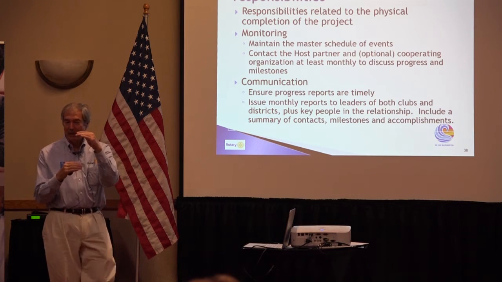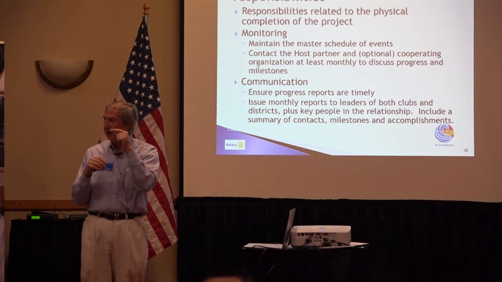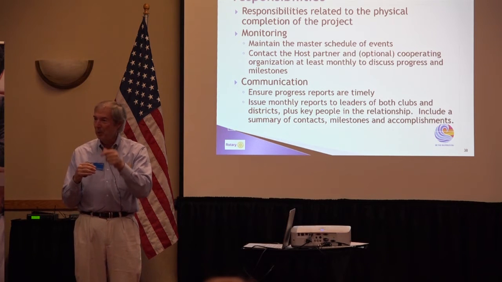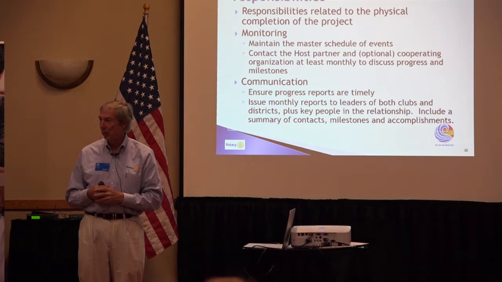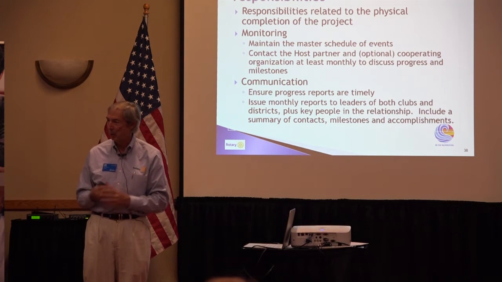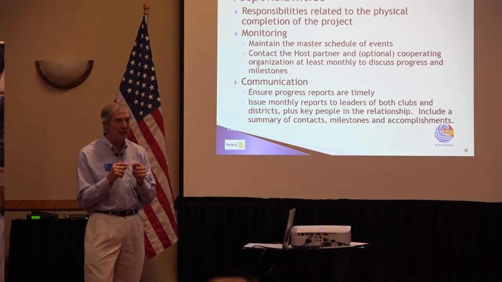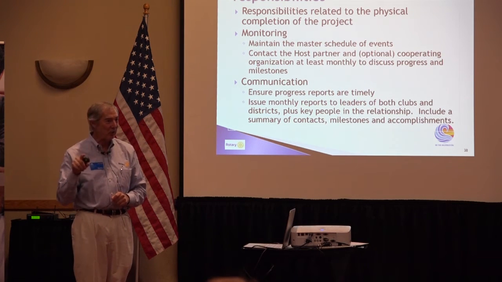And it doesn't have to be any longer than an email this long that says, we are communicating, we talked at this time, we've got these items coming up, we've completed these items, we think we're on schedule, or we think we're a month behind, but we're going to do something about it. And you say that every month, and people start to feel like, well, maybe you've got this under control. Somebody is actually tracking it.